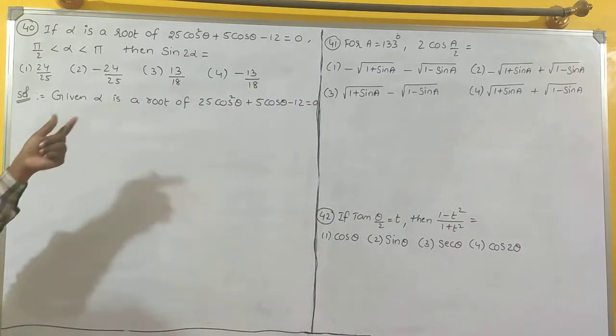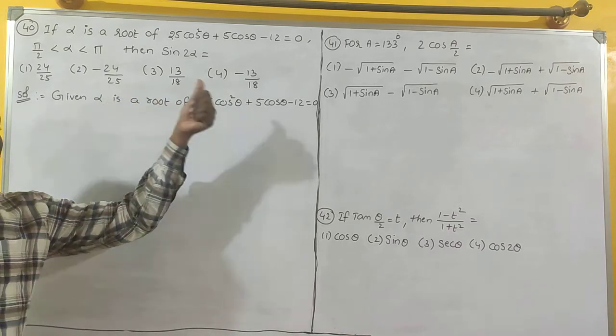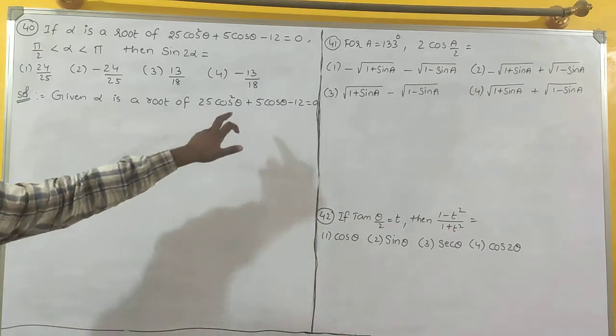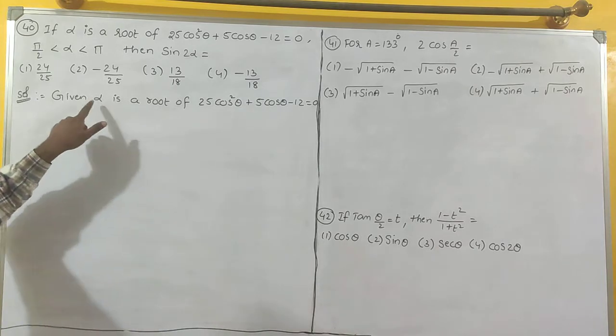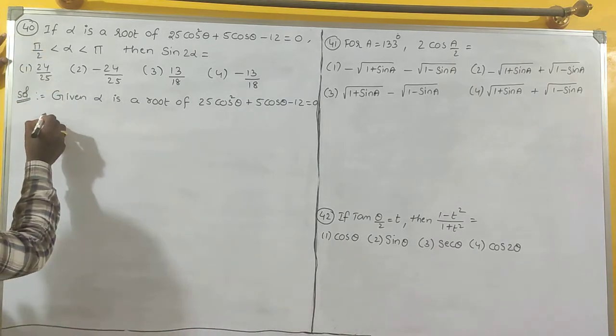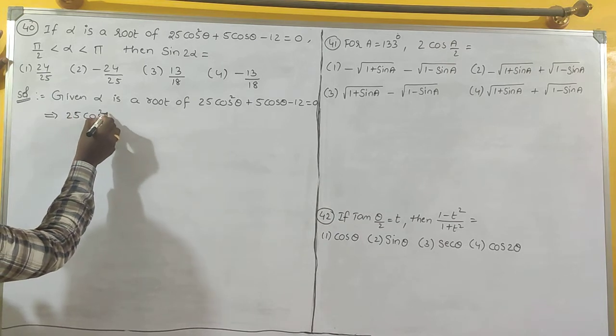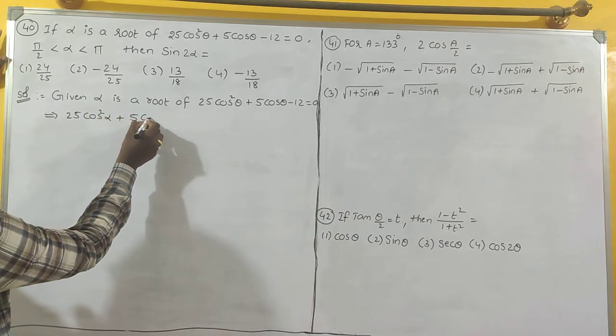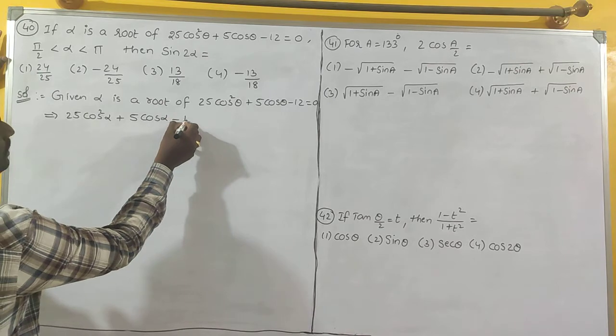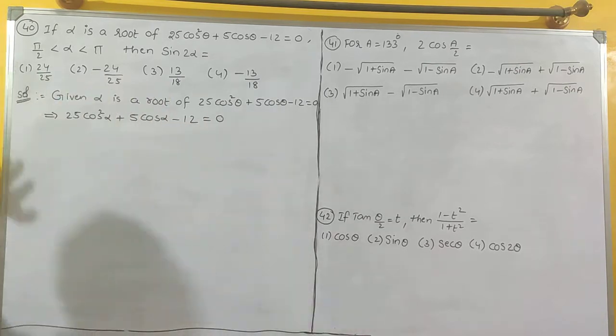Root means what? It satisfies the given condition. Means in place of theta we can substitute alpha. That implies 25 cos square alpha plus 5 cos alpha minus 12 equals to 0.